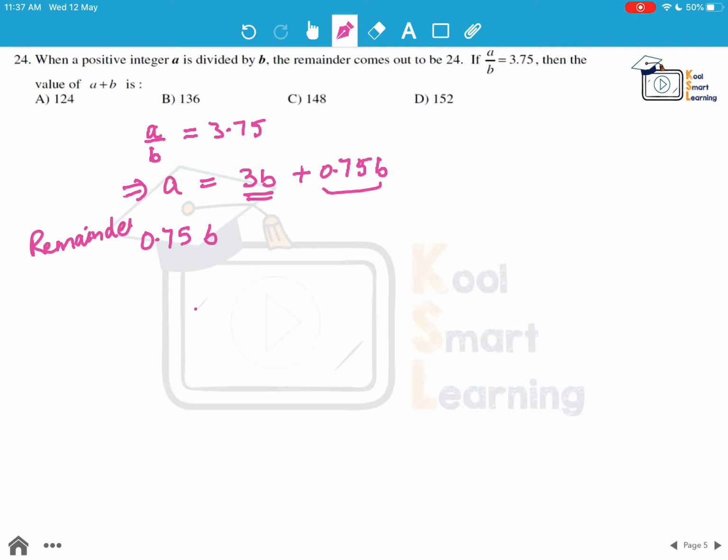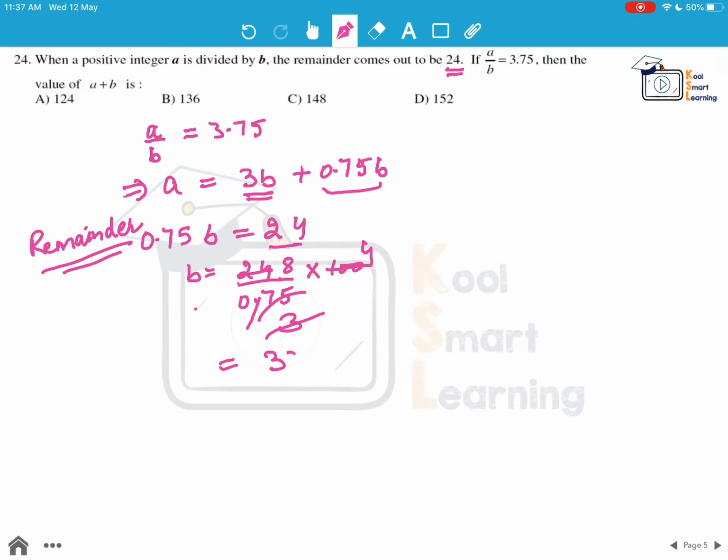When a is divided by b, the remainder will be 0.75b, and this is given to be 24. In the question it is mentioned that the remainder comes out to be 24. So we get b is equal to 24 by 0.75. So we can simplify this and b comes out to be 32.